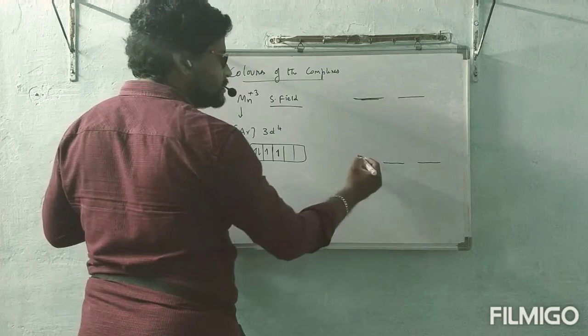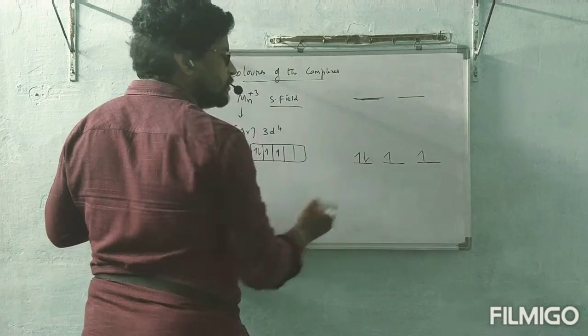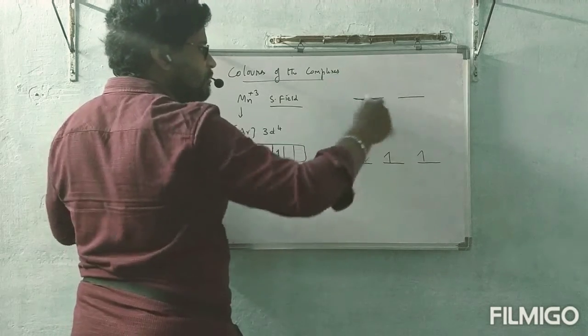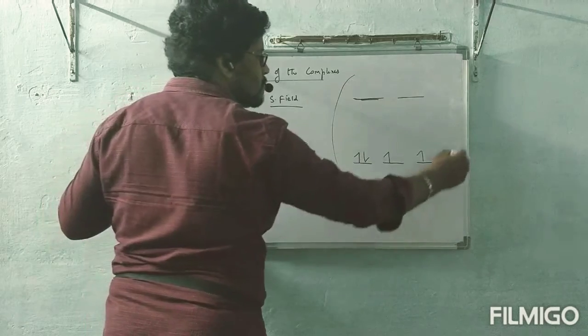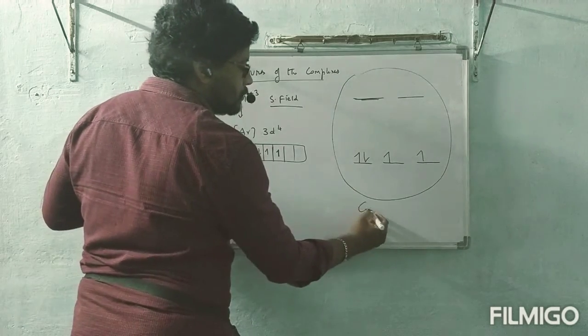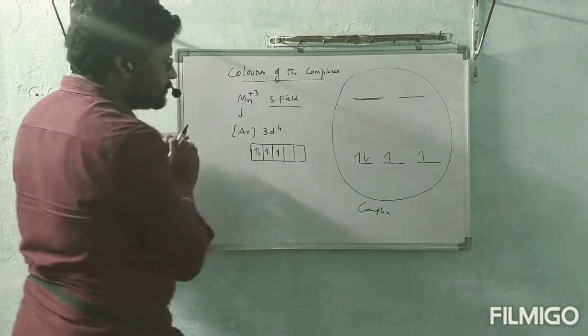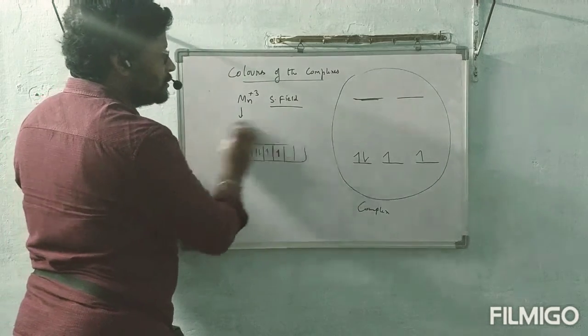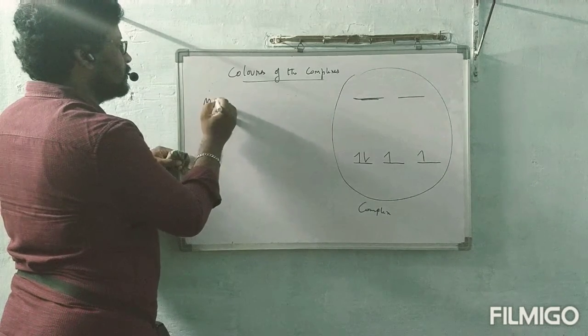Here we have 4 electrons, 1, 2, 3, 4. Okay, this is the Mn plus 3 complex.